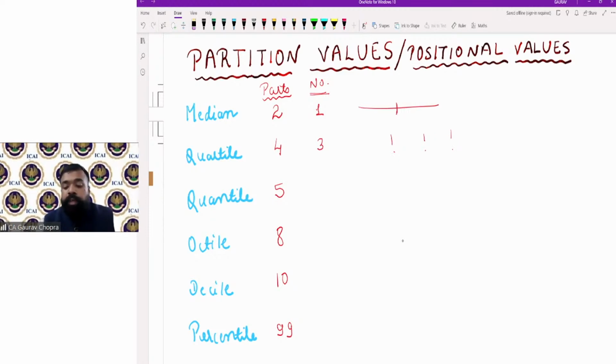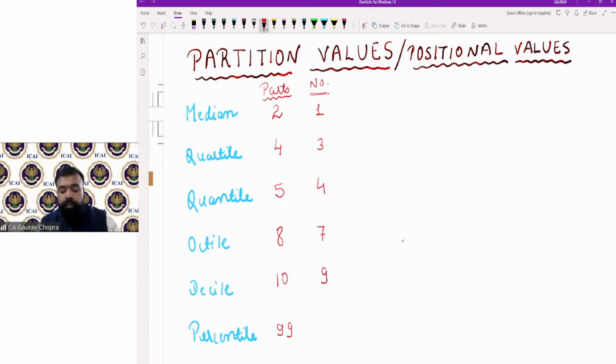In a similar way, if we talk about quantile, quantile divides an arranged series into five equal parts. So how many quantiles are required? We require four quantiles. Then octile, there will be 7 octiles. Decile will be 9.